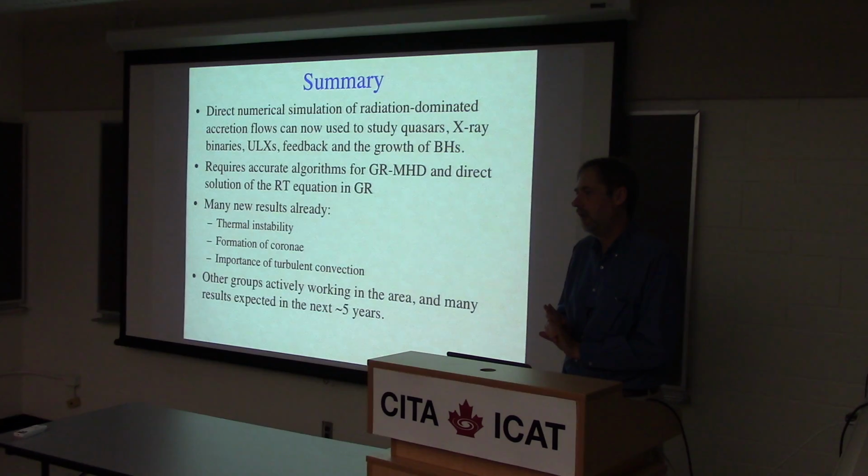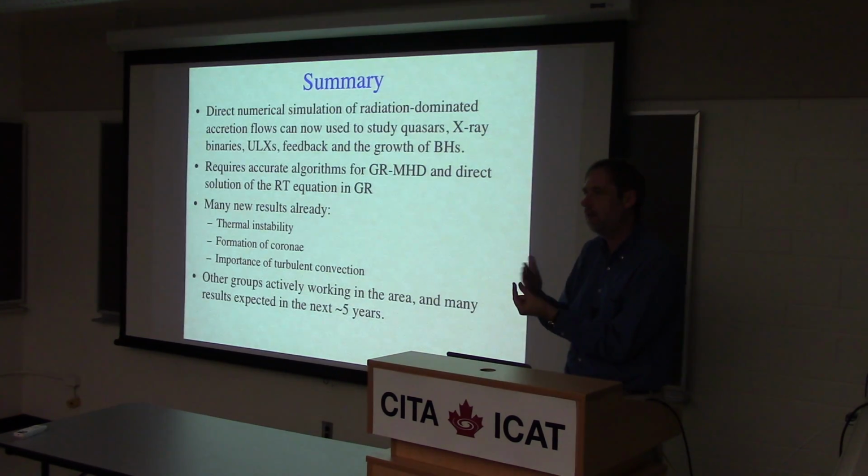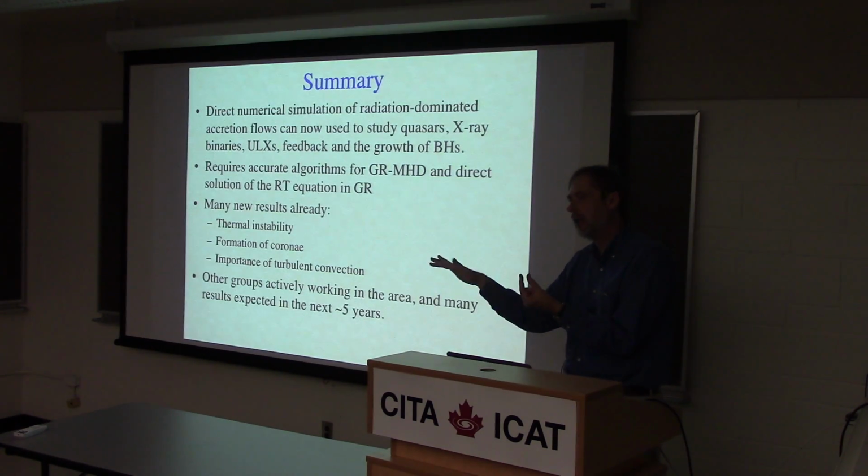The spacing between lines is much smaller than the UV case where you get line driving. So the spacing between lines is so small, you can treat it more as a line blanketed problem where everything is treated by mean opacity.